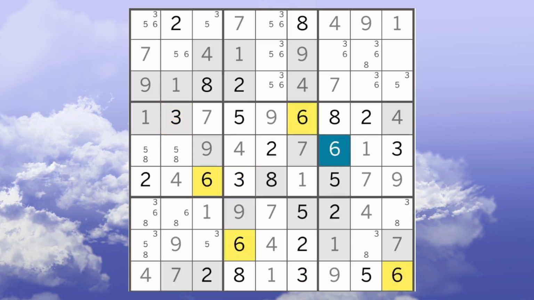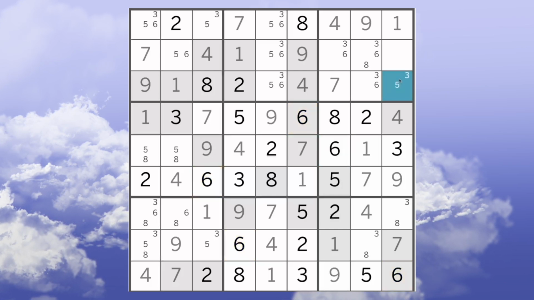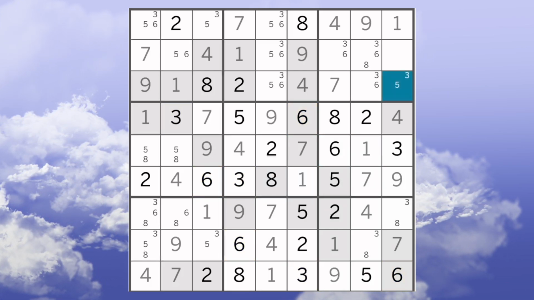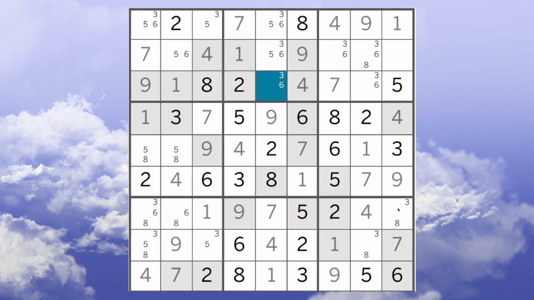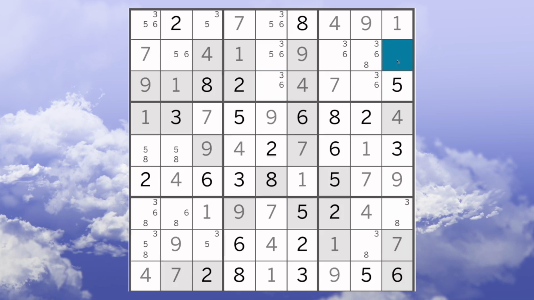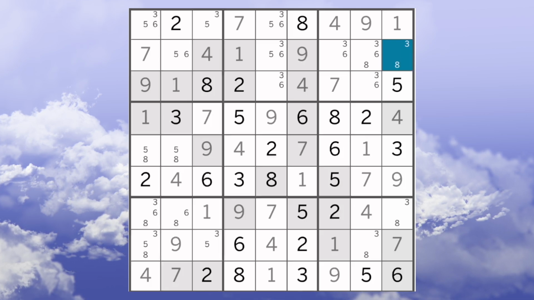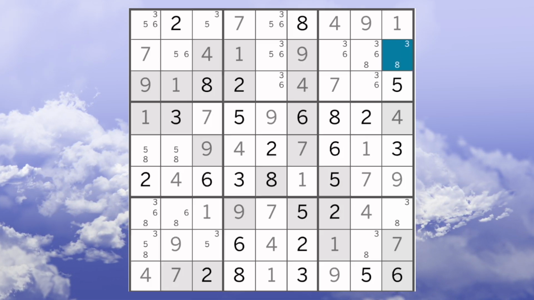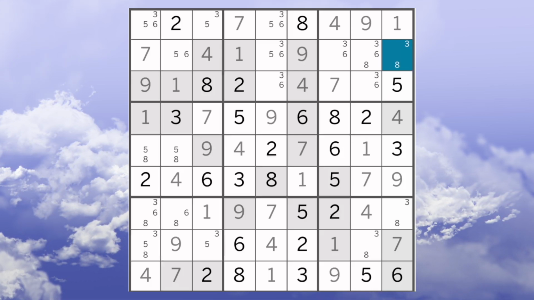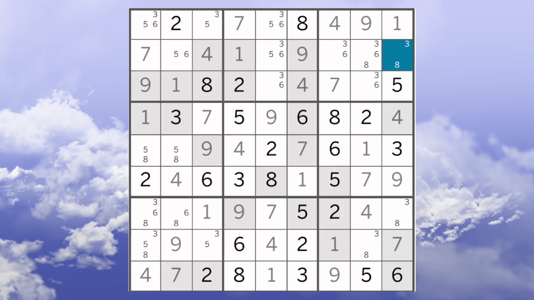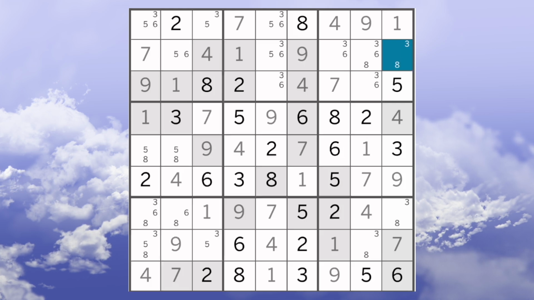That has to be a 6. So with that a 3, then that has to be a 5. So we're left with a 3, 8. And that. Okay. I'm bound to be missing something at this point.